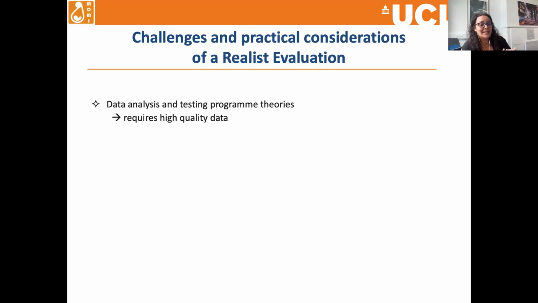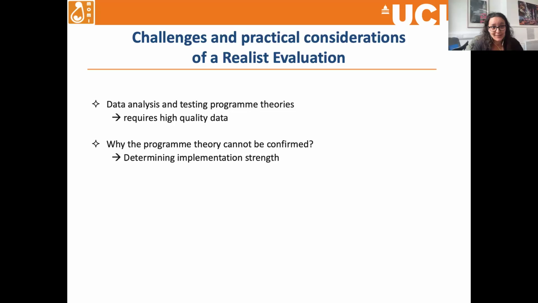Again, finally, data analysis was our main challenge during the evaluation. So first you need really high quality data, like I said, but also when you couldn't test your CMO or your program theory, you had to ask yourself, did we put a wrong theory together, or is it a different mechanism that we didn't anticipate? Or is it that the data is too poor to test?